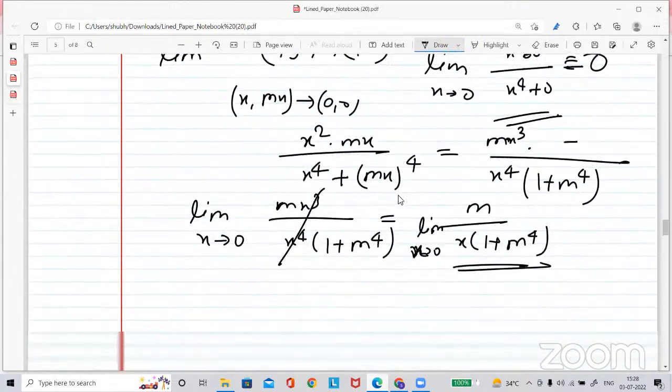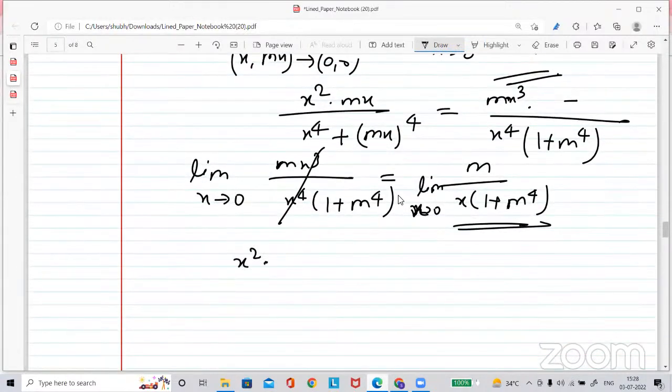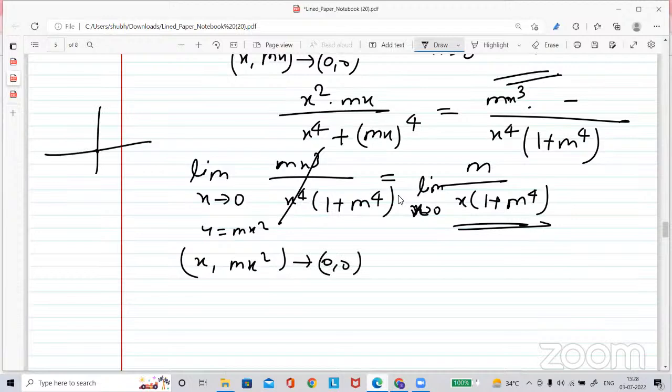So x is x and y is mx square, you are approaching (0, 0). Geometrically it will look like approaching 0 along this quadratic curve.